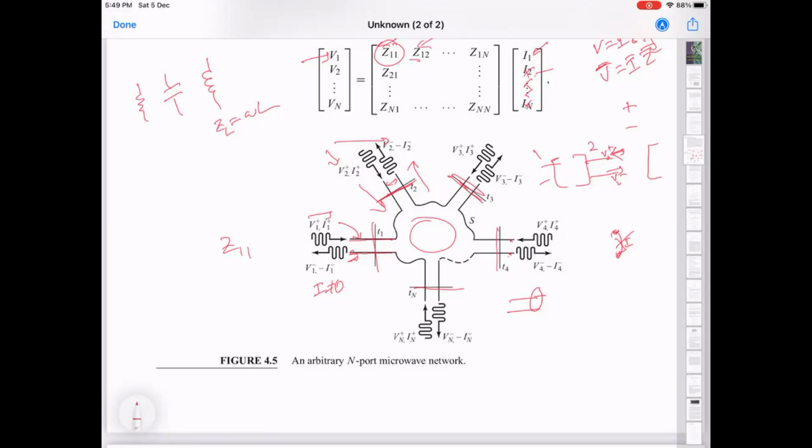Then are these not the Z11 and so on that we are seeing here? I think your internet is very unstable. I can't hear you. But I think I've understood what you are saying. You're basically asking how this is related to the quantities Z in and Y in we have been measuring in Microwave Office, right? Is that the question?